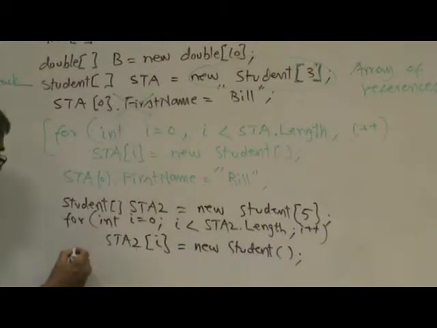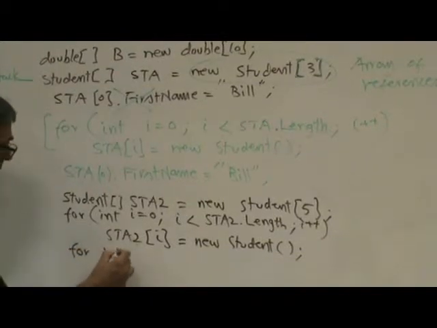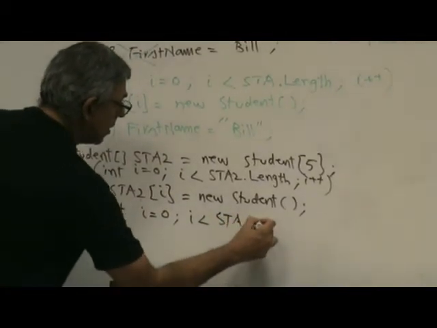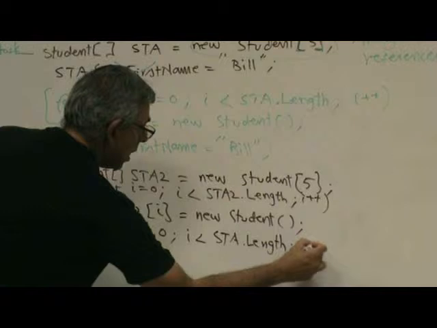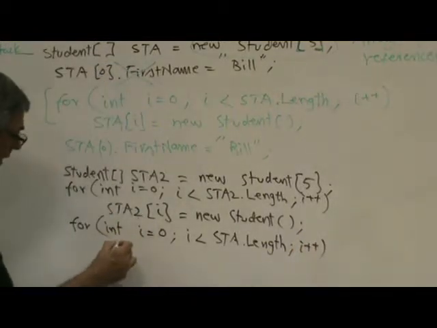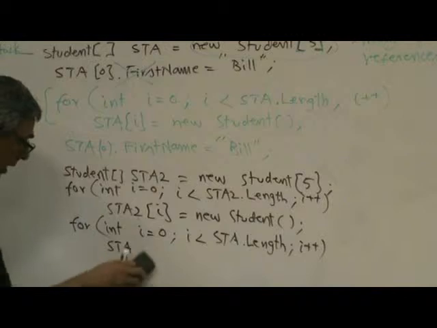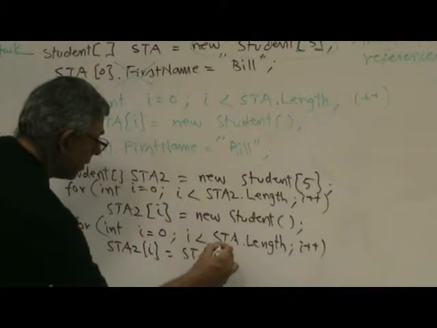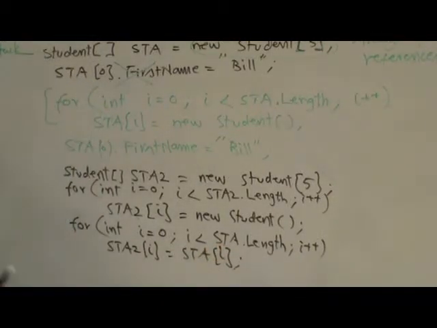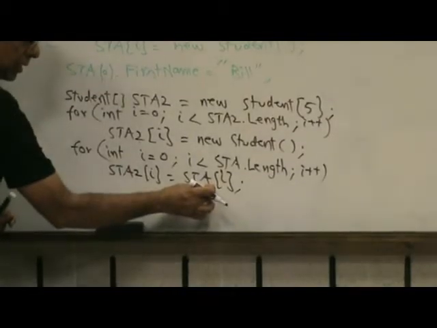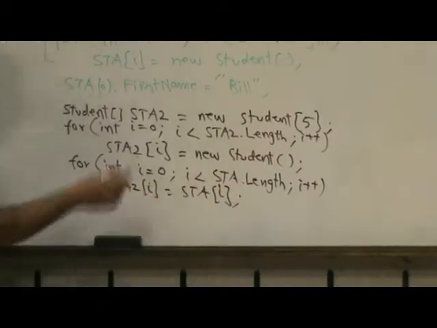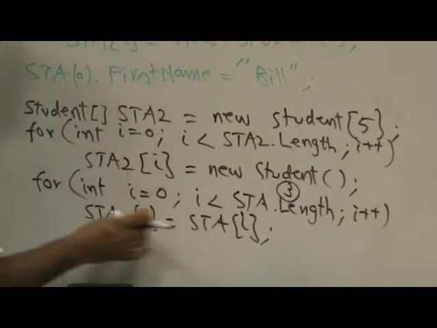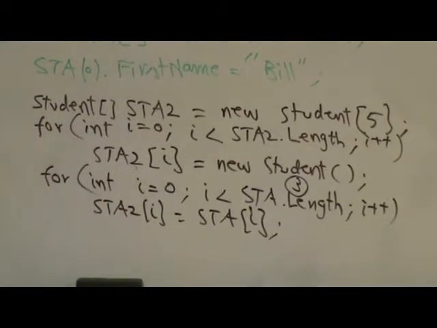So you will have to do something like this: for int i = 0; i < sta.length; i++, sta2[i] = sta[i]. We are copying the existing 3 students. See, sta.length in this example will be 3, right? So the 3 students are now being copied into the new array, right?